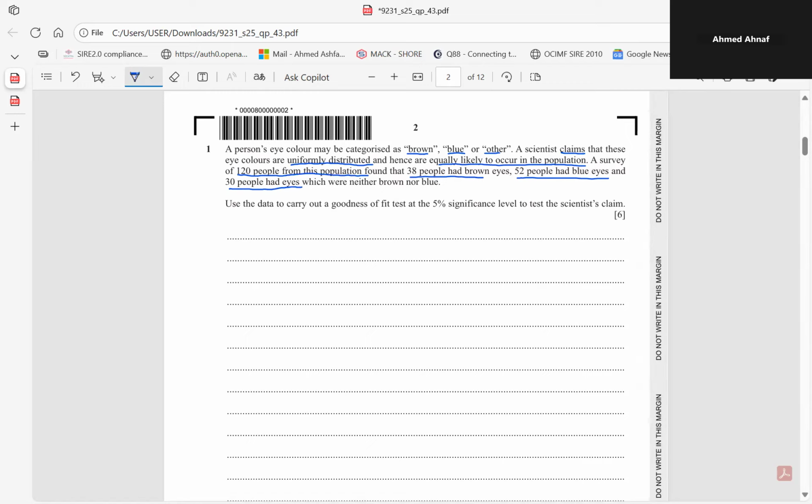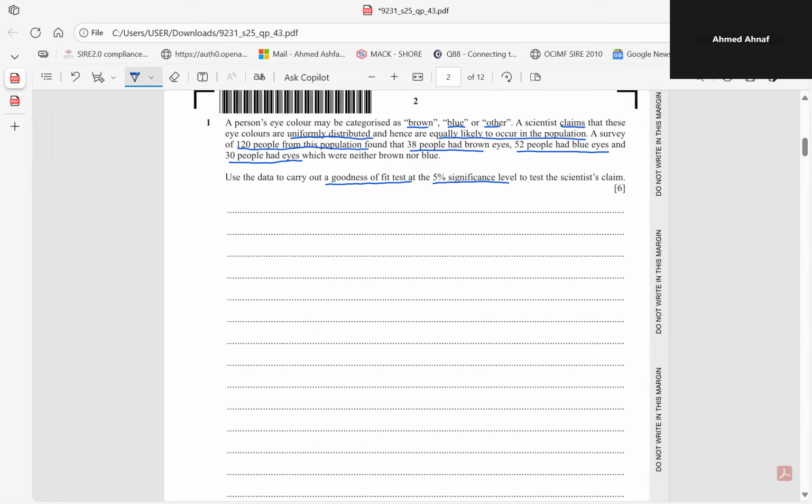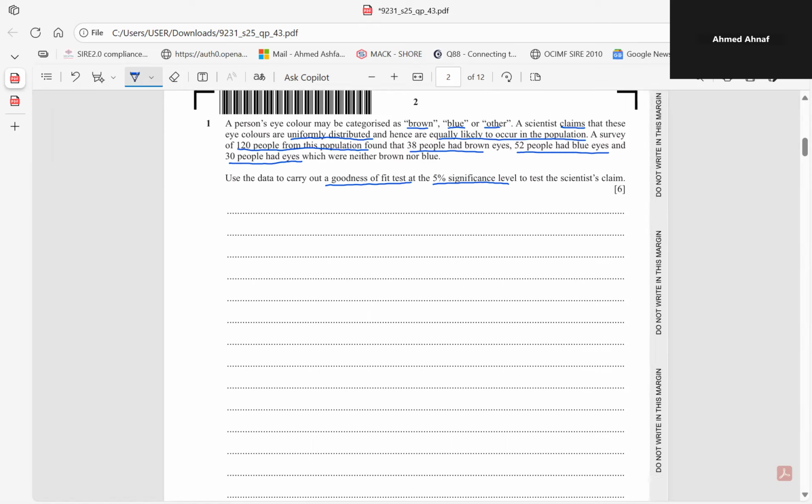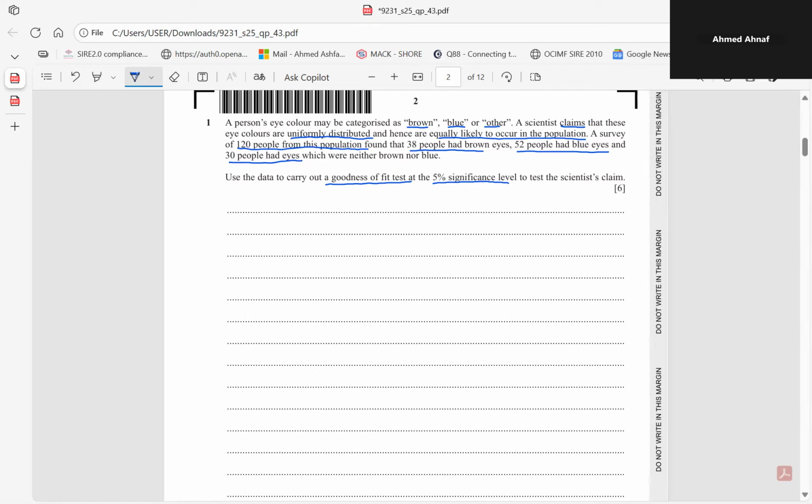The question tells us to use this data to carry out a goodness of fit test at the 5% significance level to test the claim. In order to do this question, let's first draw a table.